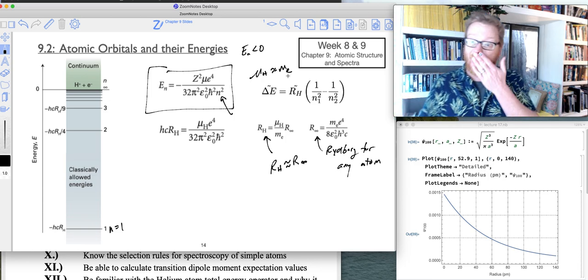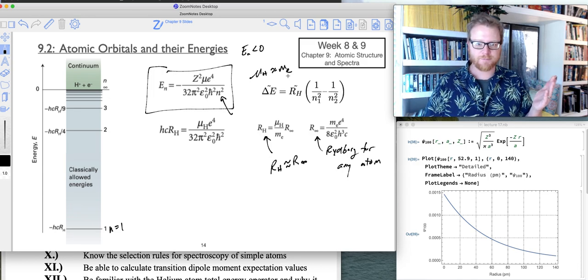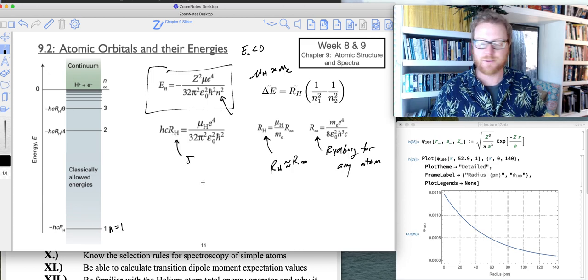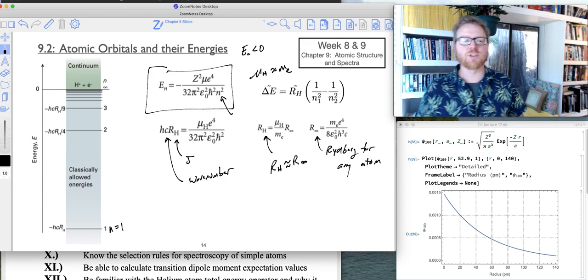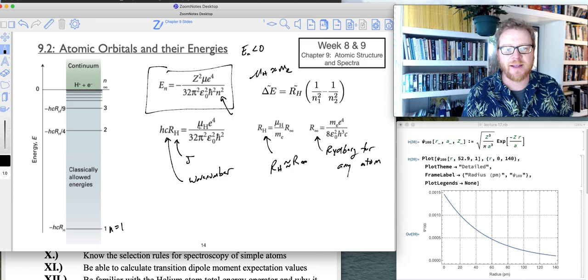Our reduced mass of hydrogen is me times mp divided by me plus mp. And so now what we have right here is RH in terms of joules. And if I multiply it by hc, then I'm going to get my solution in wave number, just taking that joule, which if we work through all those constants. And so that's actually more directly comparable to the energy solution.